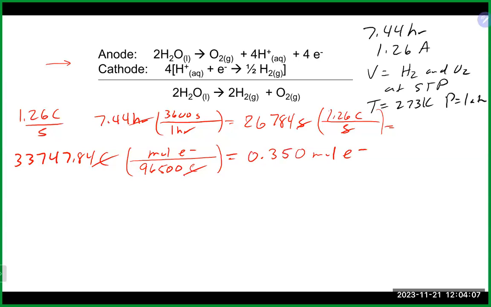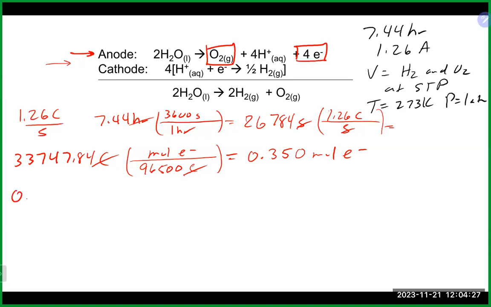At this point, we're going to start with one to begin with. I'm going to go with oxygen first. So looking at this half reaction here, which is our oxygen, we can see that for every 4 moles of electrons, which is the coefficient, we get 1 mole there of our oxygen.